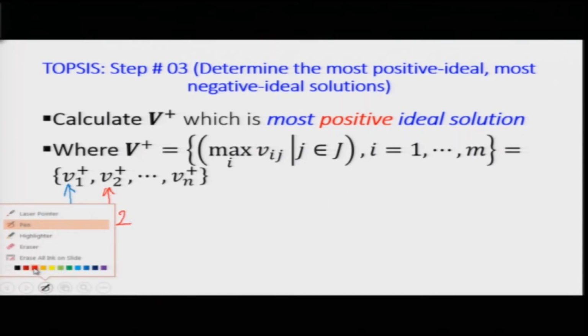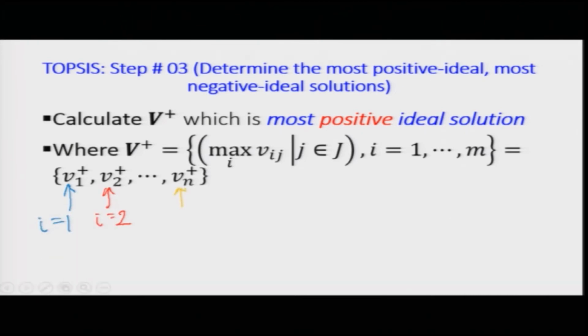Similarly, when I go to i equal to n, for each value I am calculating. So, I am getting the j value. So, I have the values corresponding to i equal to, the j value would be coming out, because technically it should be j.